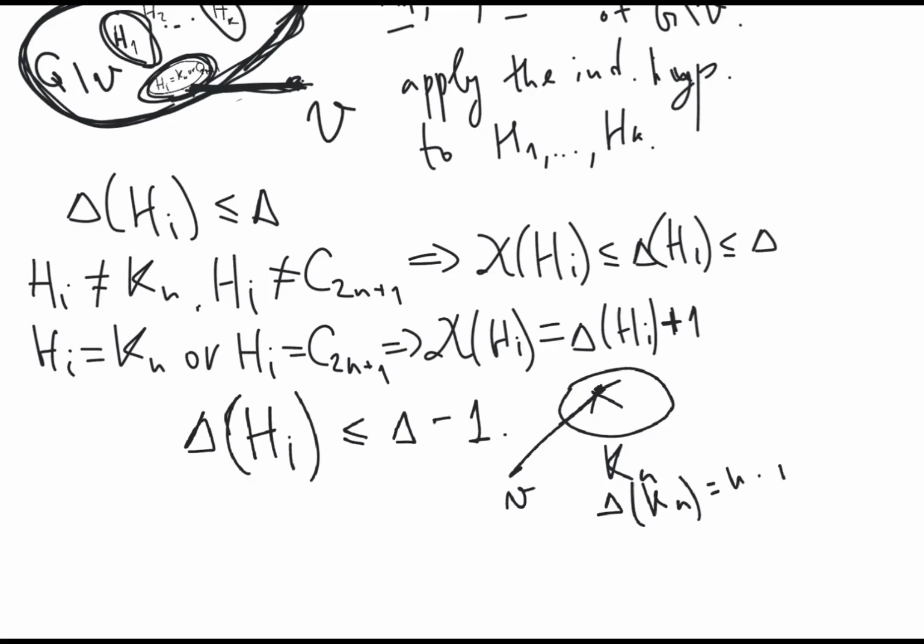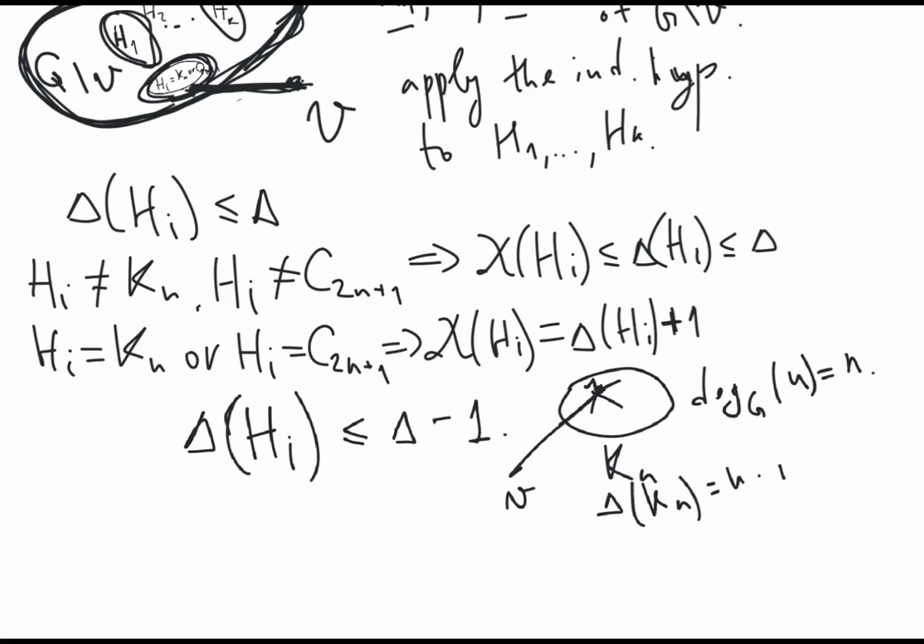So this vertex has a different degree in the original graph. Let's denote this vertex by U. So the degree of this vertex U in the original graph G is equal to n.